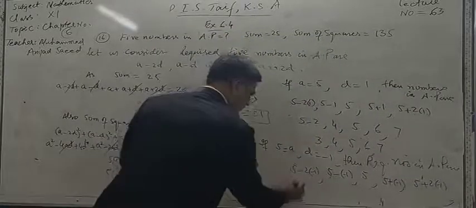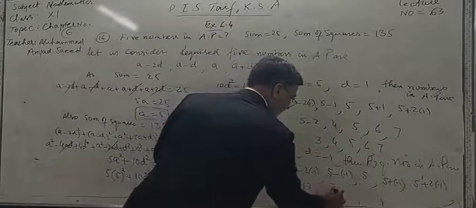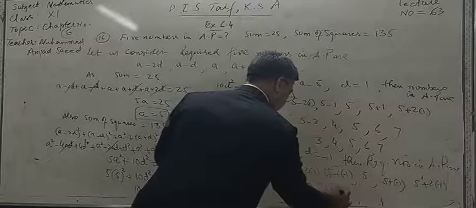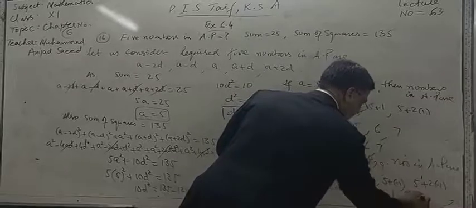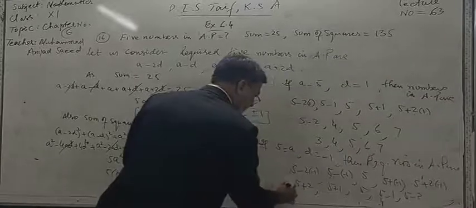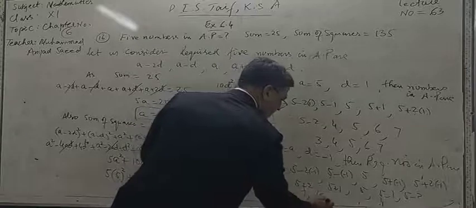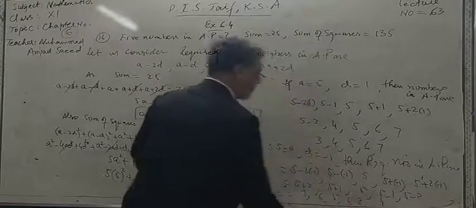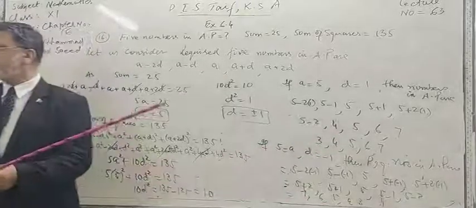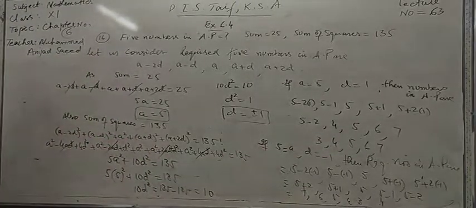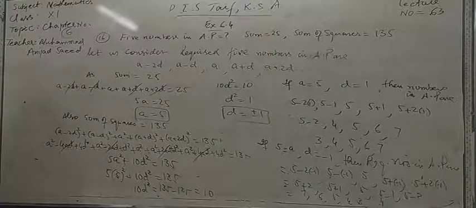Here is 5 plus 2, 5 plus 1, 5, then 5 minus 1 and 5 minus 2. Dear students, that will be 7, 6, 5, 4 and 3, which are 3, 4, 5, 6, 7. These are your 5 required terms in AP. I hope that you understood this question.